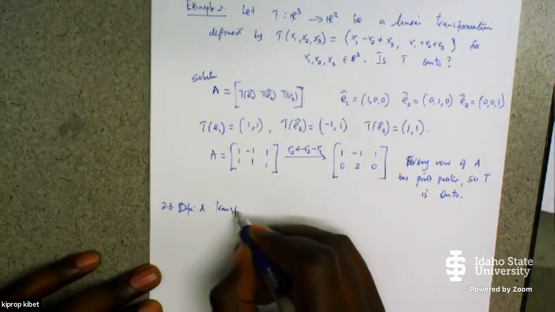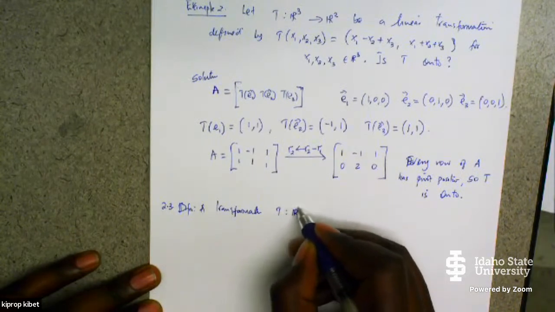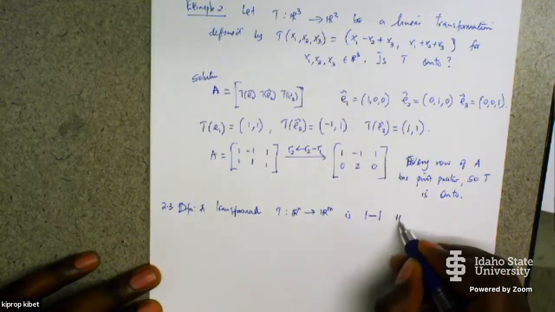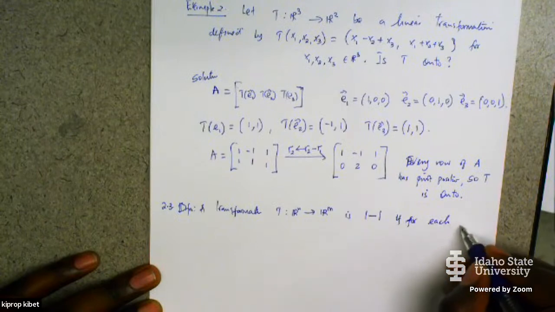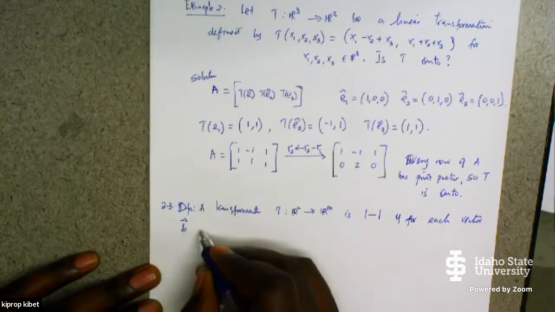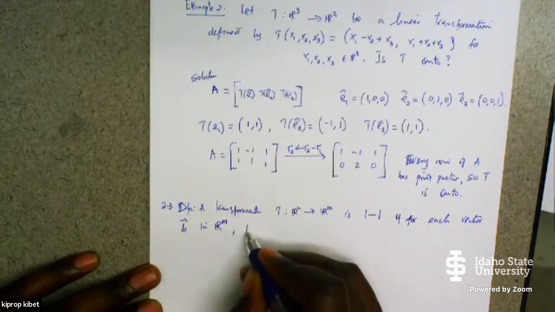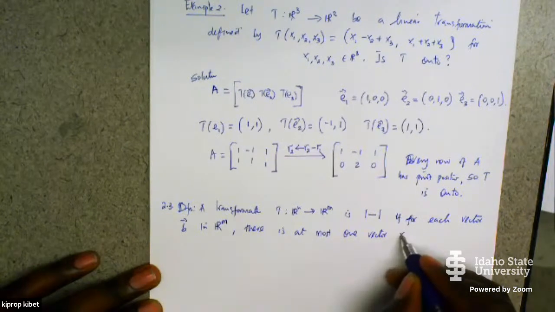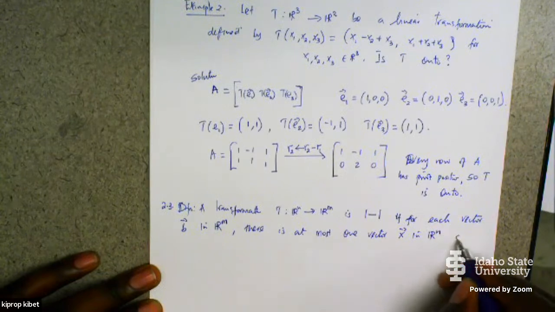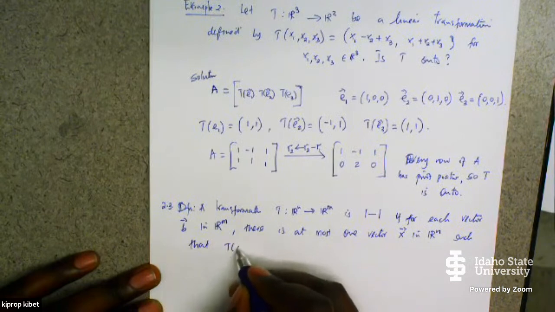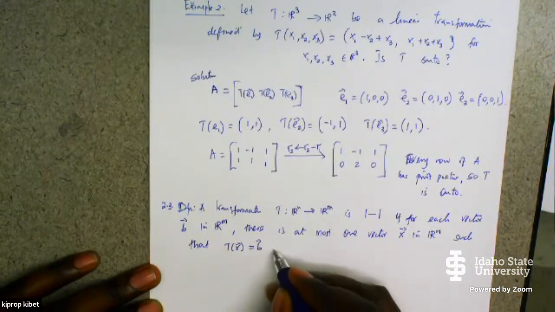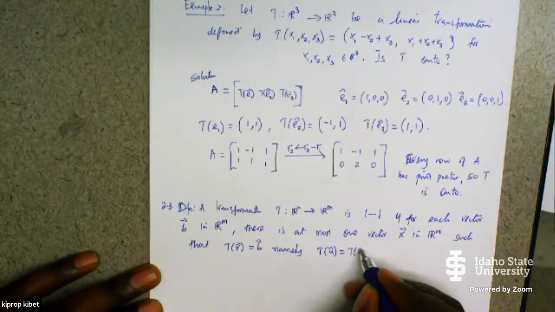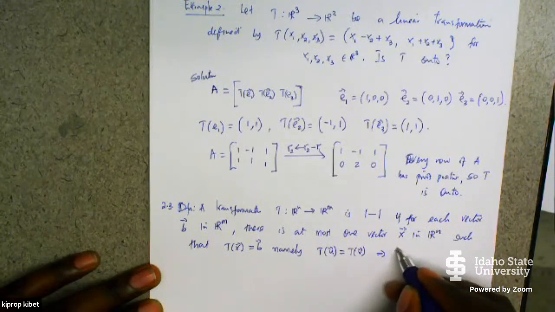A transformation T from Rn to Rm is one-to-one if for each vector b in Rm, there is at most one vector x in Rn such that T of x equals b, namely Tu equals Tv, and this can also be u equals v.